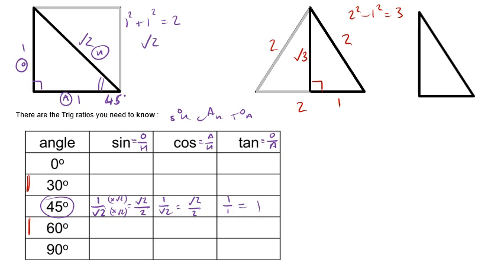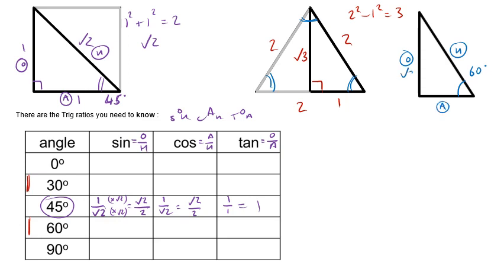If we first of all start by thinking about the angle here, so equilateral triangle, we know all the angles in here will be 60 degrees. They'll all be equal. So we've got the opposite, the hypotenuse, and the adjacent.